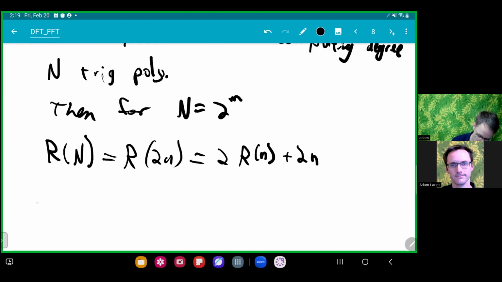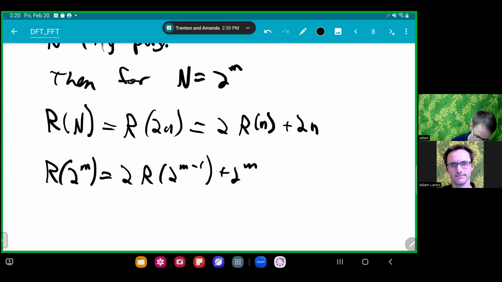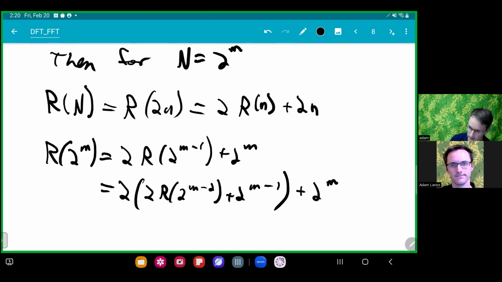But then that means that if we take R2m, this is 2 times R2m minus 1 plus 2m. We can then split this guy up. If we keep going, this is 2 times R times 2m minus 2 plus 2m minus 1 plus that 2m on the end.